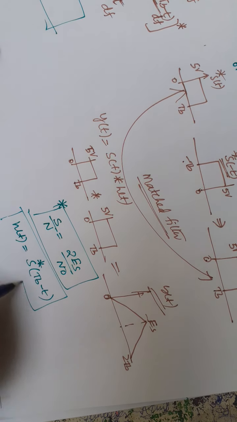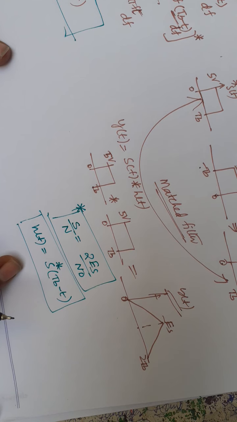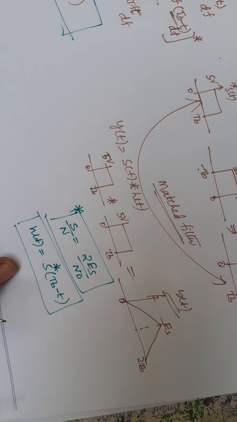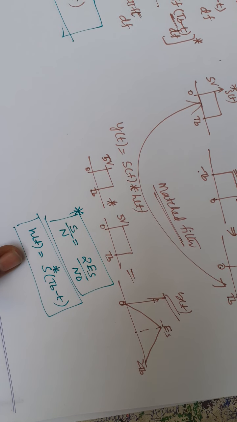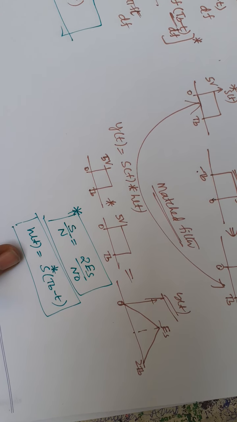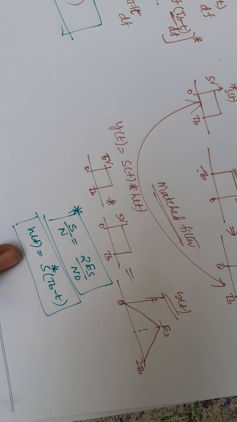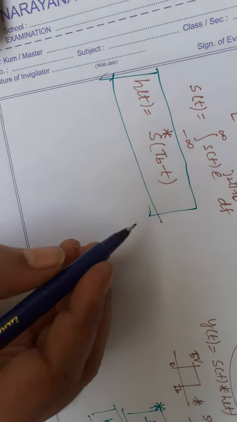These two are important. By using these, we can calculate the probability of error of a digital communication system, meaning the probability of error of ASK, PSK, FSK and so on.